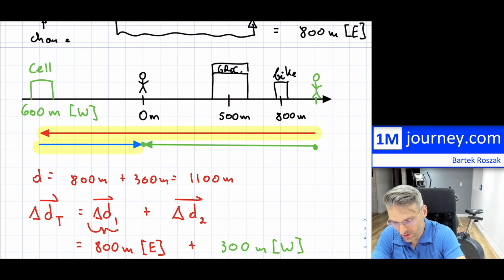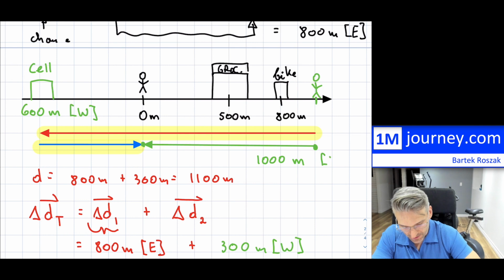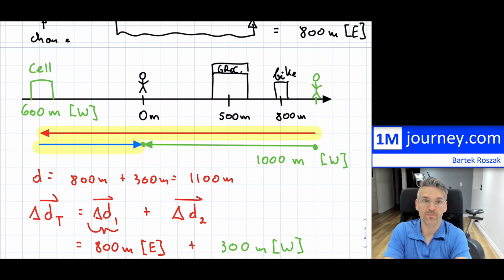So we knew that this was 1,000 meters, and notice that it's to the left. So this is the displacement that your friend would have had overall, which is different than the actual distance that they carried.